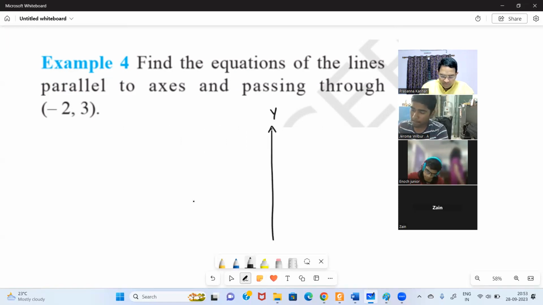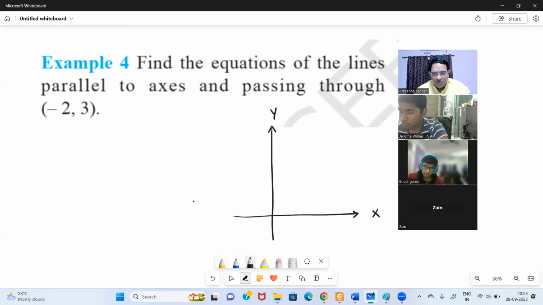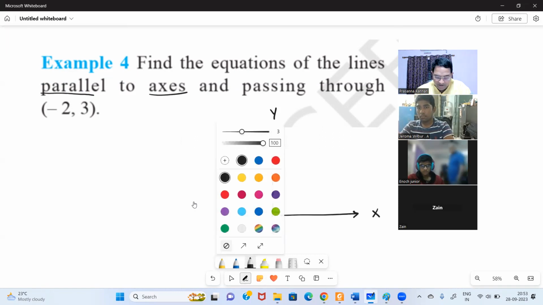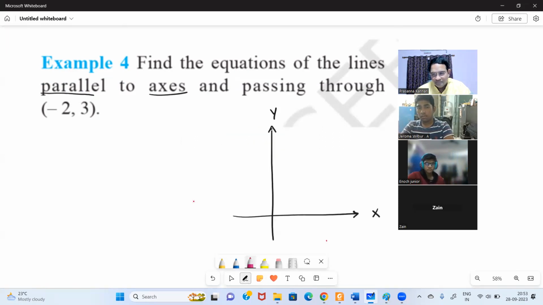So we have the y-axis and we have the x-axis. I want to draw 2 lines. Yes or no? Because when I say parallel to axis, what does that mean? I will have a line which is parallel to y-axis. I'll have one more line which will be parallel to what? X-axis, exactly.